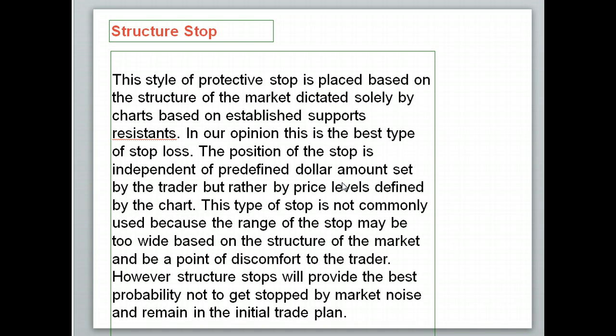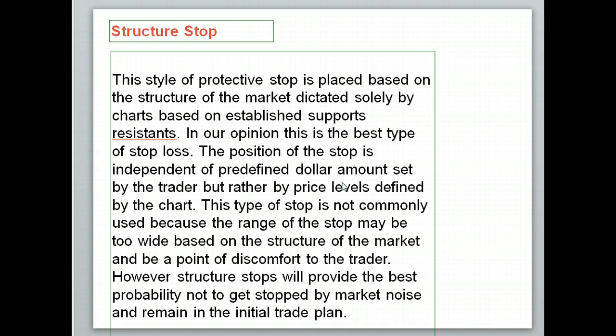If you do so, even though you will be using larger and wider stops, your chances and your probability of remaining in your initial trade until your trade plan is accomplished and your objective is reached is the highest.